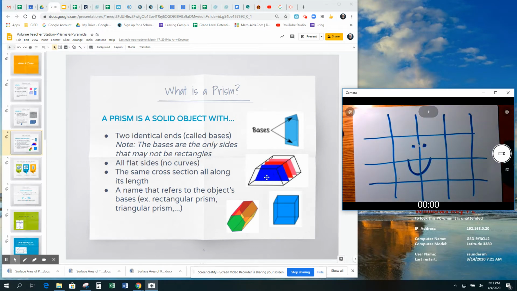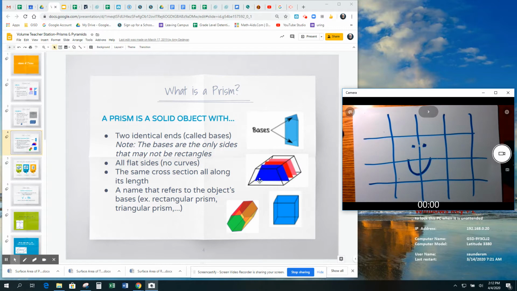So this might be a trapezoidal prism. This might be a 1, 2, 3, 1, 2, 3, 4, 5, 6. This might be a hexagonal prism. Cube is a special kind of prism. Okay, so all the sides of a prism are flat. There are no curves. So the cylinders are something different. The cross section is the same.